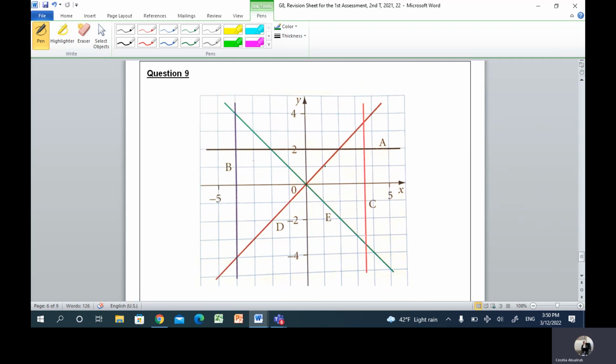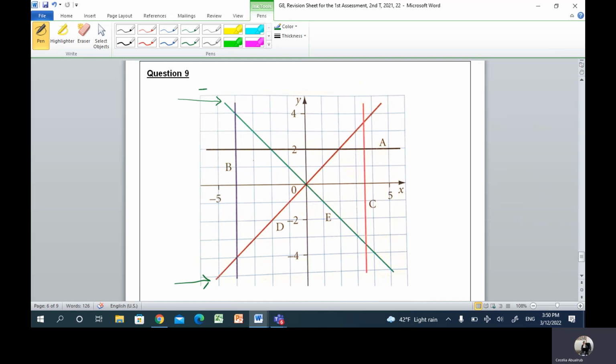The difference between line D, which is this dark red, and the green, which is line E, is that the slope of line E is going to be negative, while the slope of line D is going to be positive.